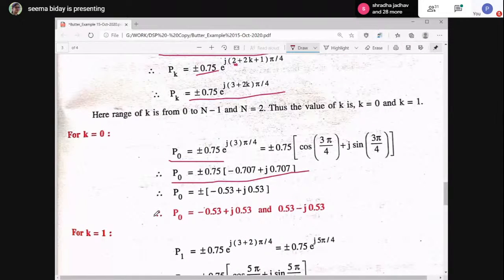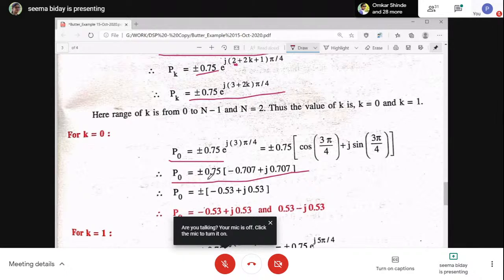So for P0 you are getting plus minus 0.35 plus j 0.53 and 0.53 minus j times 0.53. P0 plus minus, right? Are you getting?